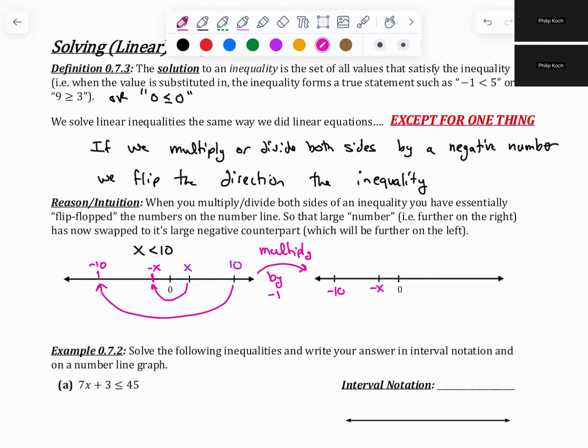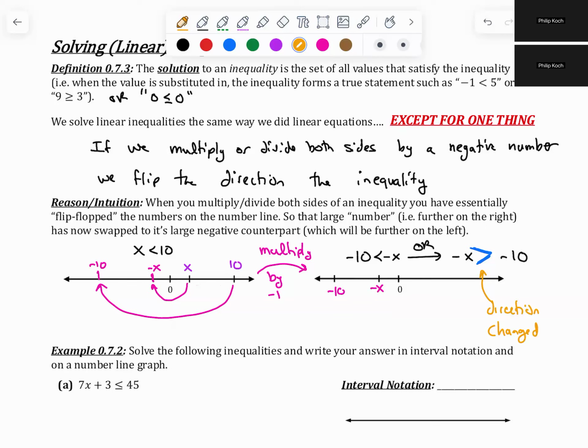Now, how would you write the order between -10 and -x? Looking at it, I would say that -10 is less than -x. Or to write it better, -x is greater than -10. The direction changed.